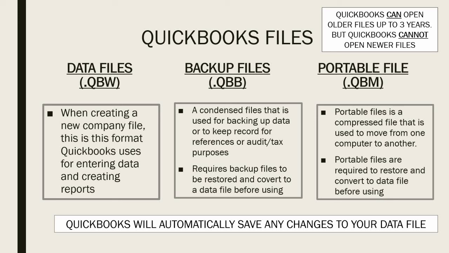Portable file, hence because it's portable, right, is going to be a compressed version of a copy of the working data file, okay? The file name is going to be QBM. Not quite sure why they use M instead of P, right? But it is a copy of the working data file, compressed to the point where you're able to either email it, put it online, have it downloadable somewhere.